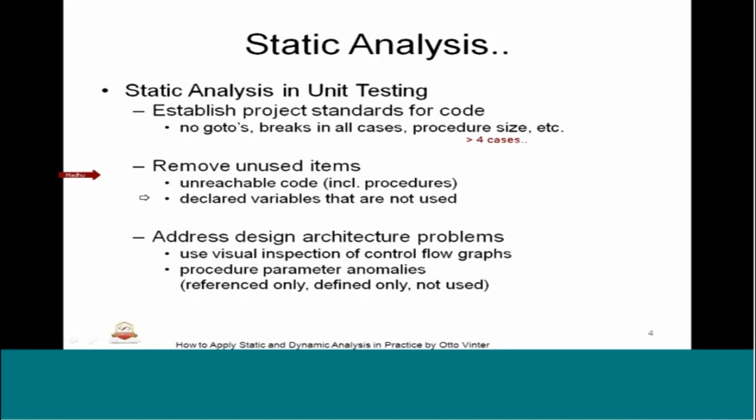All these can be identified either by inspection or review or with the help of tools, such as unreachable code and declared variables that are not used. So this can be avoided in the implementation. Such things will be brought out while doing the static analysis of the implemented program.